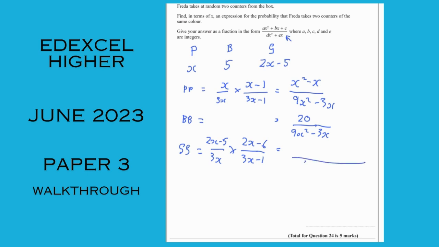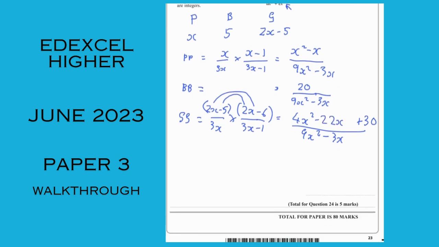So again, not really fussed about what's happening on the bottom, but when we expand the top, don't forget it's a quadratic, it's 2x minus 5 times 2x minus 6. So I'm getting 4x squared, positive 30, and in the middle the x terms minus 10, minus 12, so minus 22x in the middle.